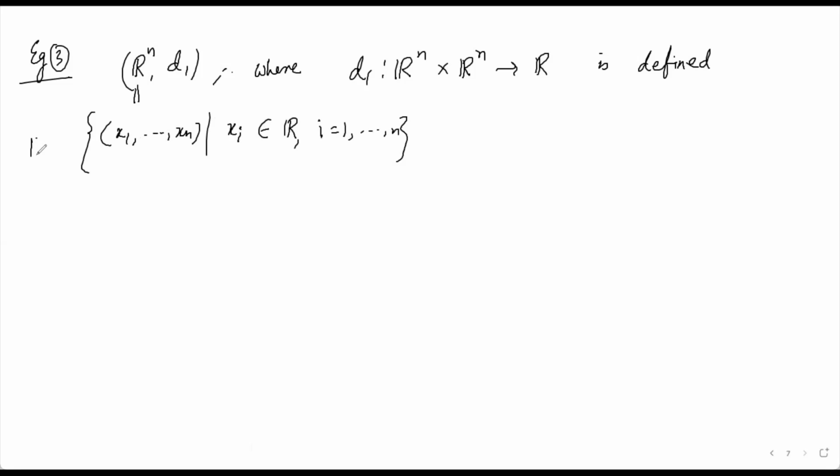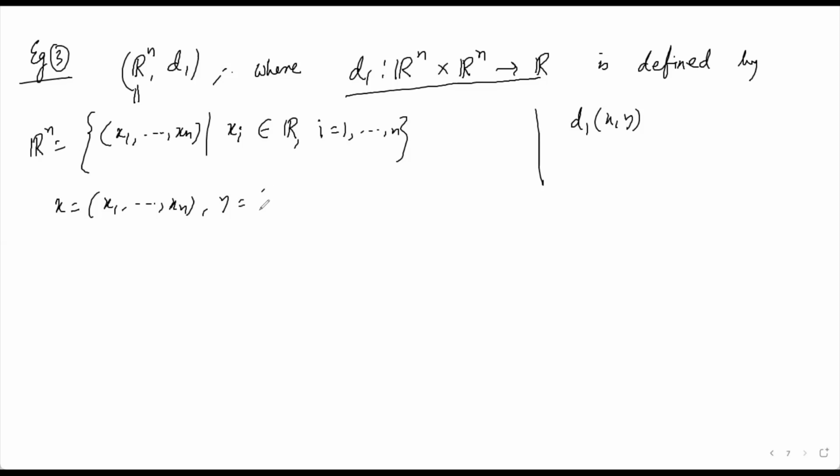This is Rn. And this function is defined by, let me define here, d1 of x comma y. So let's say x equals x1 and so on xn, an n-tuple, and y equals y1 and so on yn. So the yi are real, so it belongs to Rn.